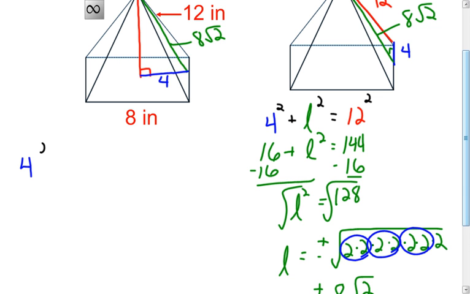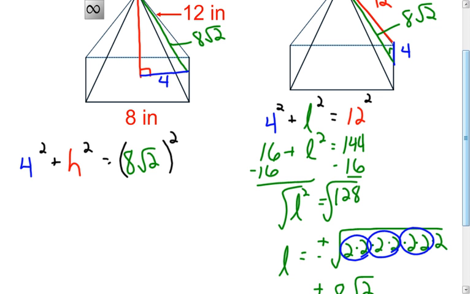A is 4 squared plus my B is going to be the height of the pyramid. I'm going to call it H then, squared, and that's going to be equal to C, which is 8 root 2. And then remember, it's all of that squared. Now I have to solve this.